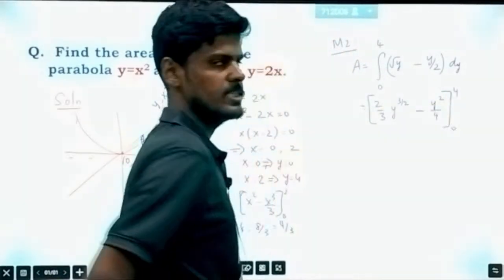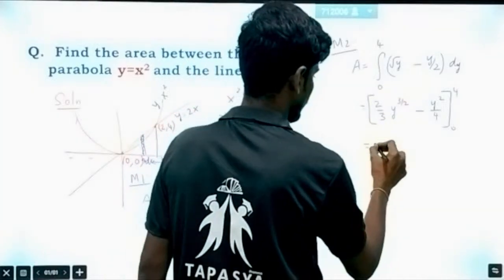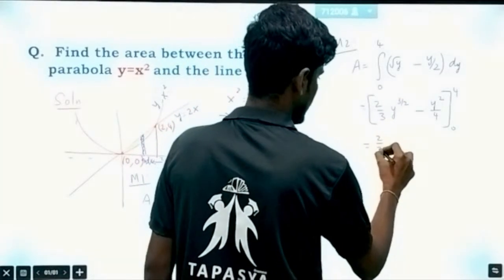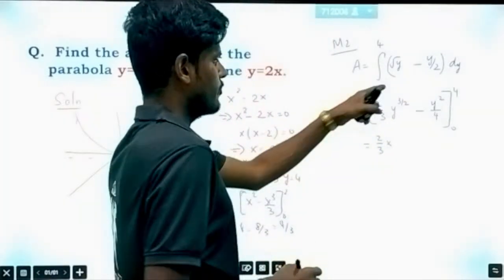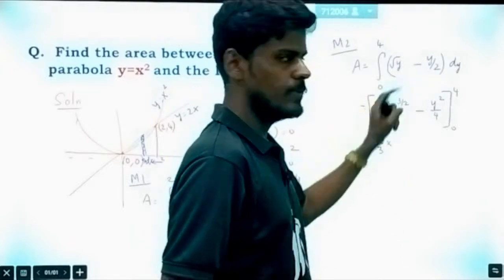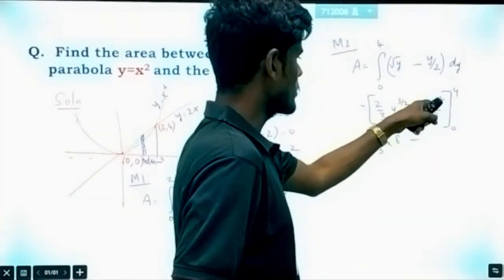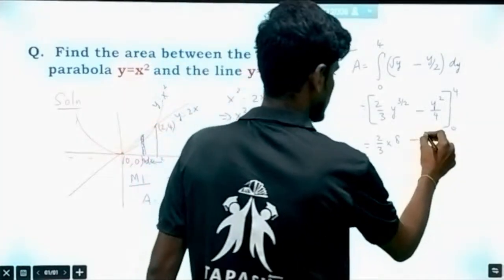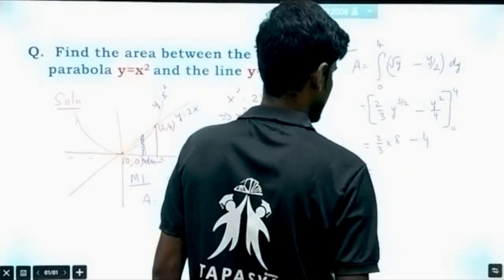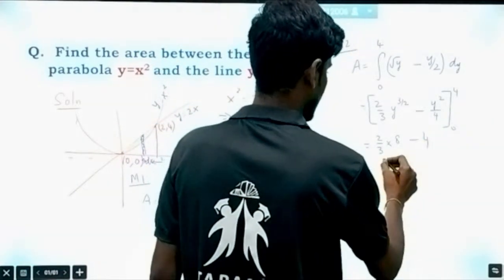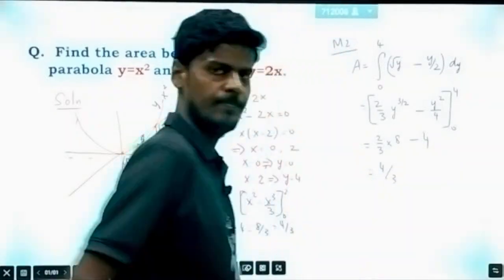When you substitute 0, it is 0. When you substitute 4, that will be 2 by 3 into 4 square root, which is 2, 2 cube is 8, minus 4 square is 16 by 4, that is 4. So the answer is 16 by 3 minus 4, that is 4 divided by 3.